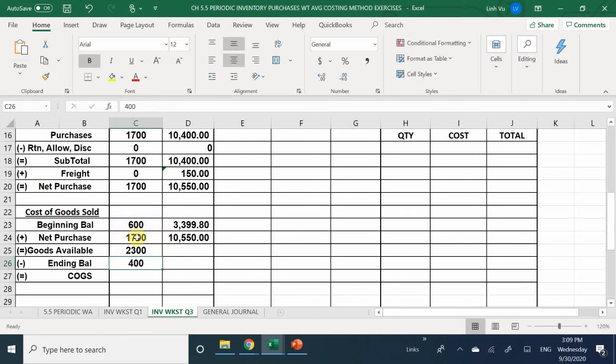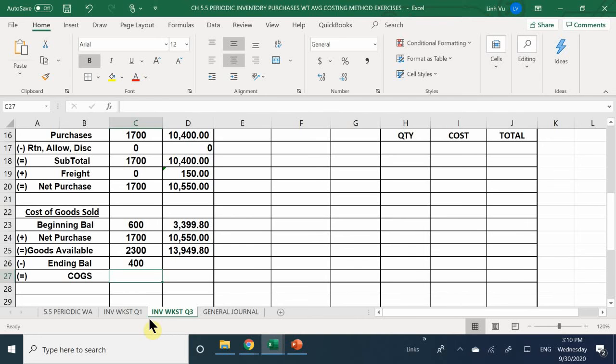What's my total amount available to sell? That is $13,949.80. So what's your cost of goods sold going to be if you know that 400 will be left remaining in your inventory?